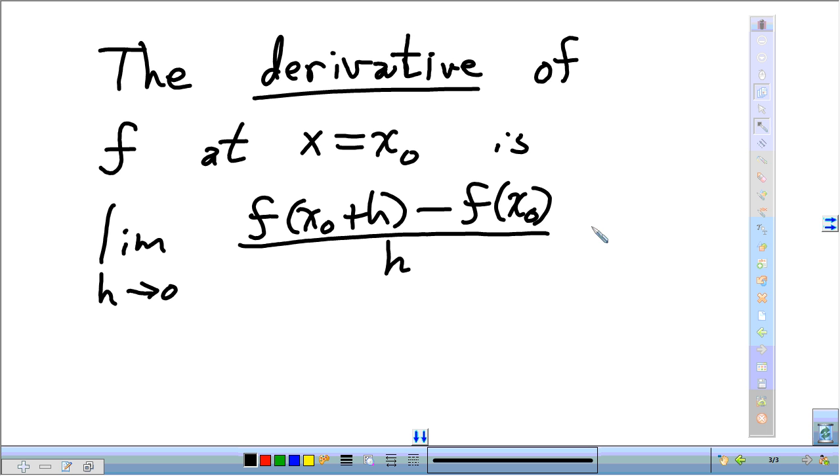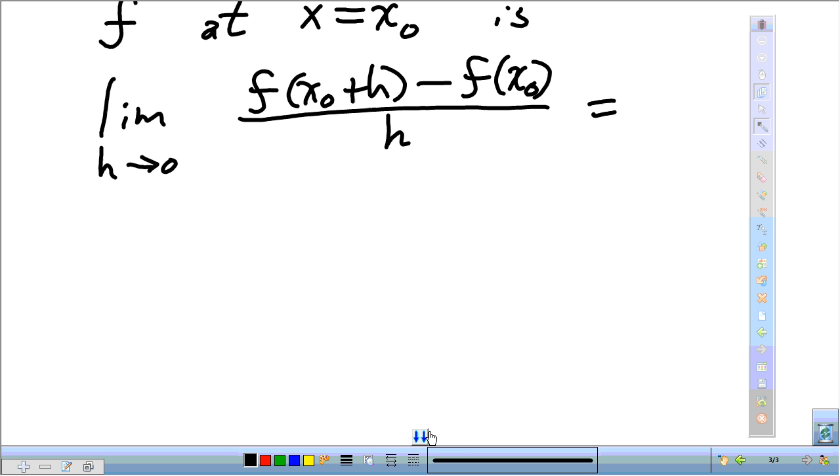Now, the derivative over time has been given some notation. So instead of writing out this limit each time, there's one notation that the derivative of f at x0, so if we reference f and the value x sub 0, we would just need another piece to tell us this is the derivative and not the function.